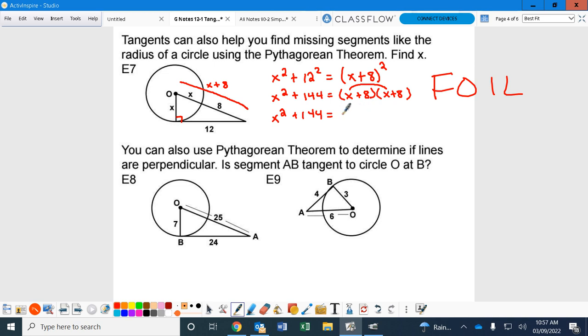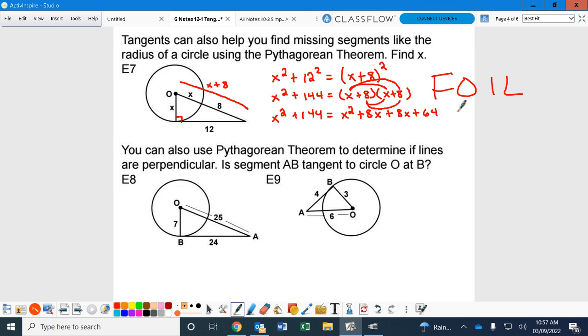You multiply the variables, you add their exponents. X times x is x squared. X times 8 for the outer two would be 8x. 8 times x would be 8x for the inner two. And then the last two, it's going to be 8 times 8, which is going to be 64.